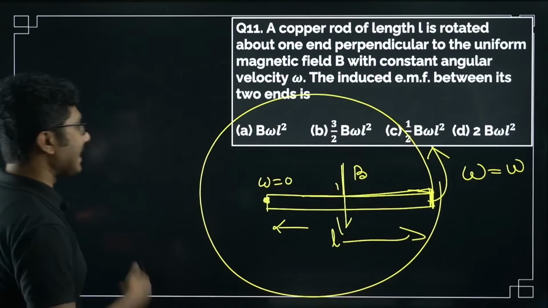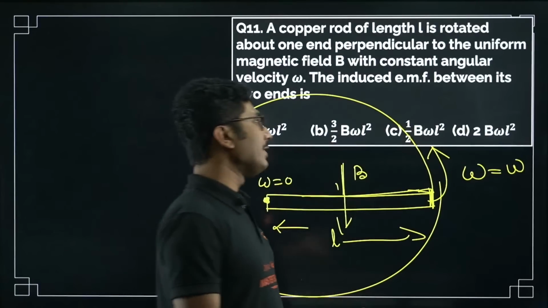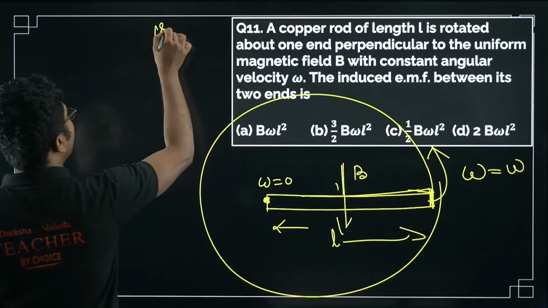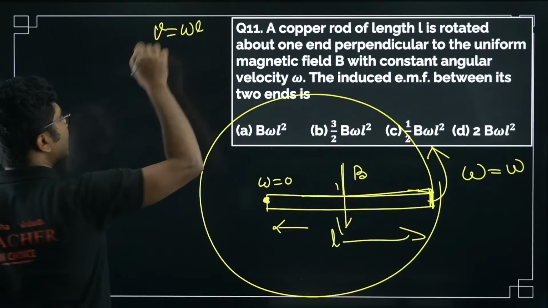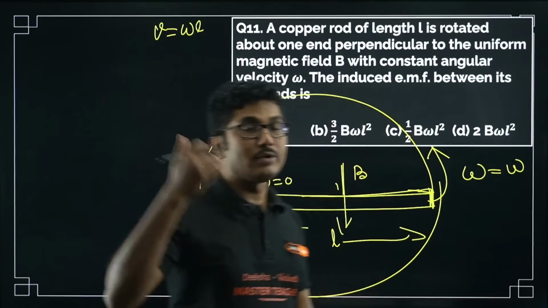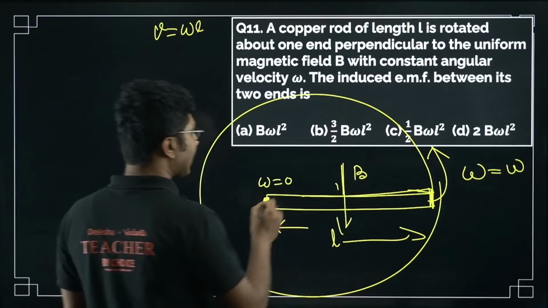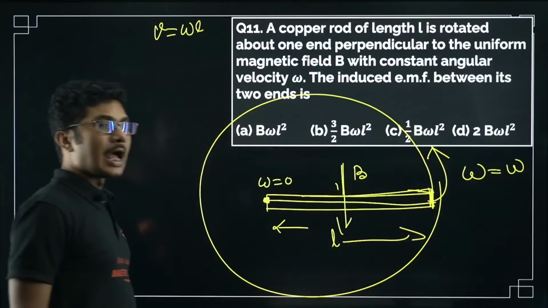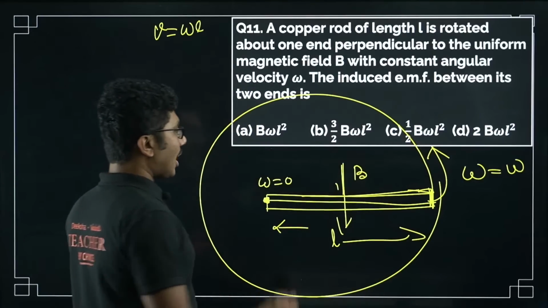The formula is the same, BVL. We know that V is equal to omega L. If you just put V equal to omega L, you will get B omega L square, but that will be incorrect. Why? Because the speed is not constant across the length of the rod. So how to do it?